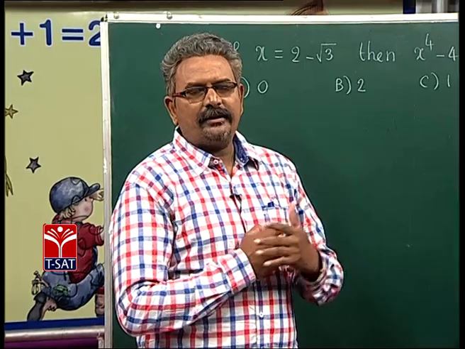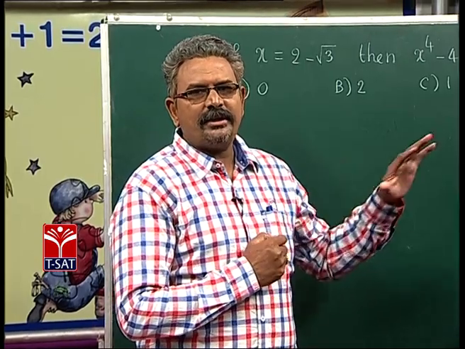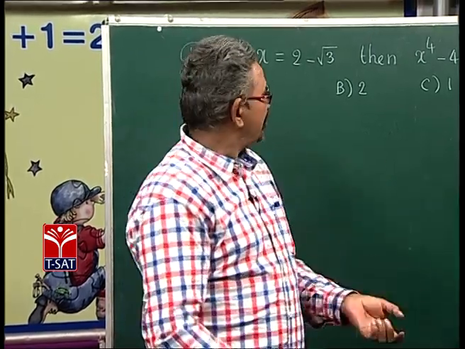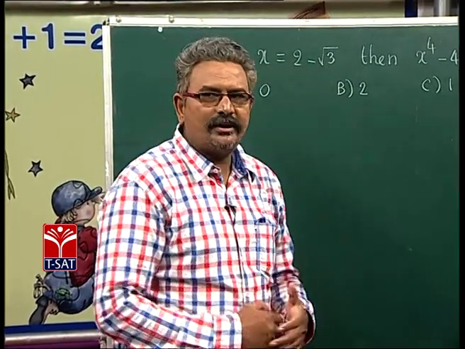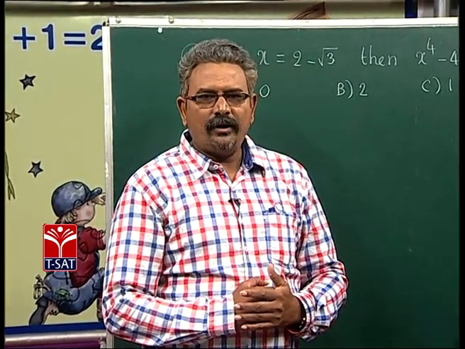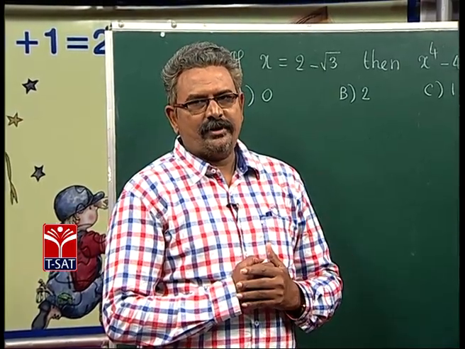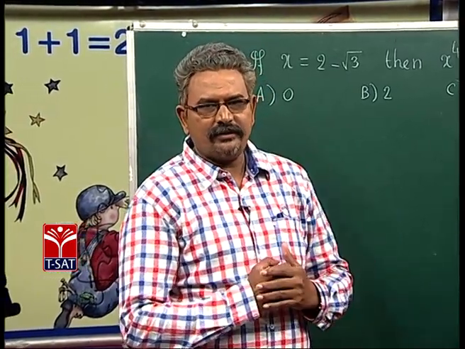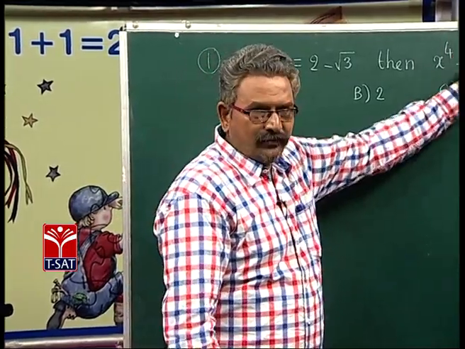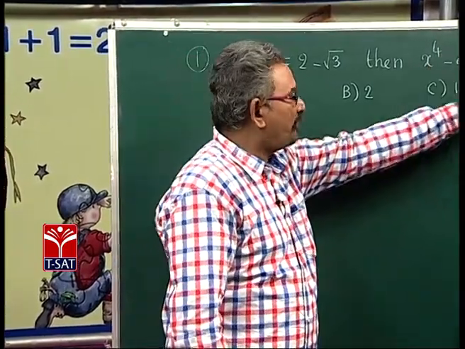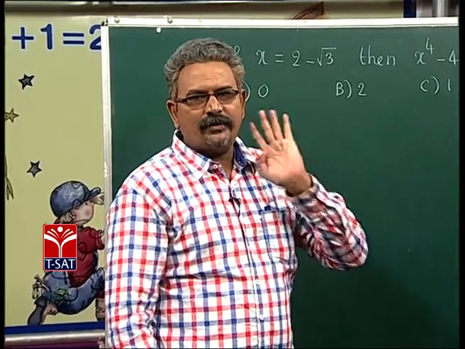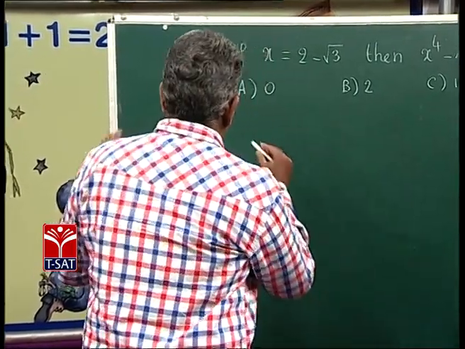So, better we adopt the easy approach. With the help of x is equal to 2 minus root 3, we can form a quadratic equation in terms of x. After getting the quadratic equation, easily we can find out the value of the given polynomial whose degree is 4.